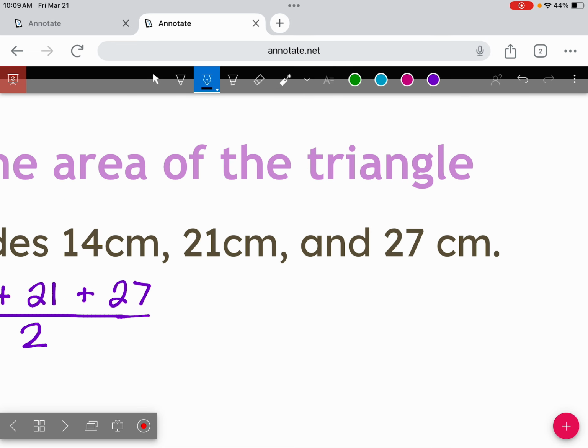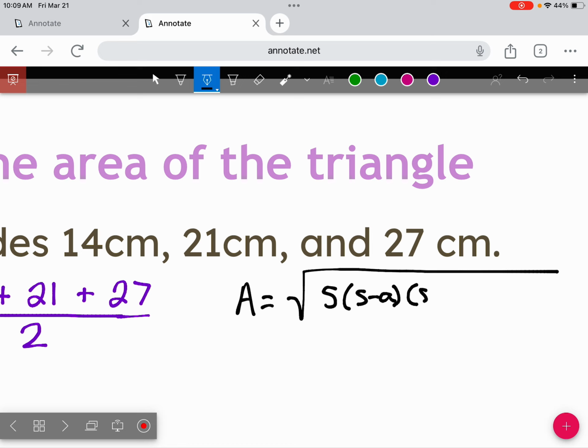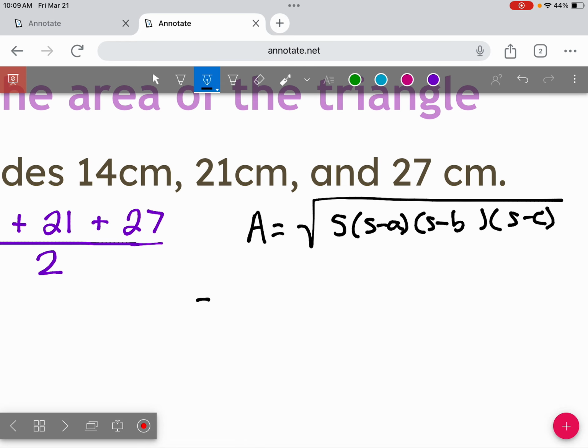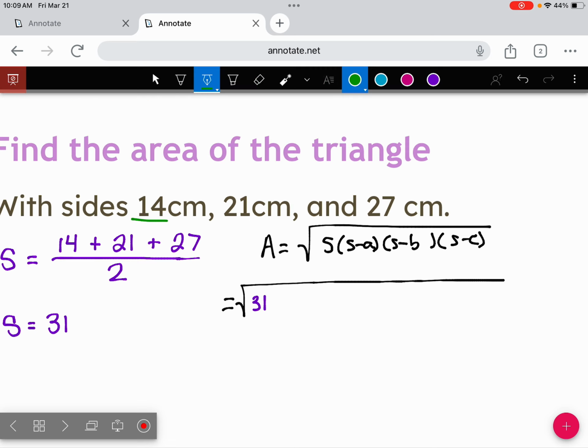Then I can use my Heron's formula, which I'm going to write the whole thing up here. That's when we have our S times S minus A, S minus B, S minus C. So now I know S. So our area is going to be that 31 times the difference between 31 and each of these sides.